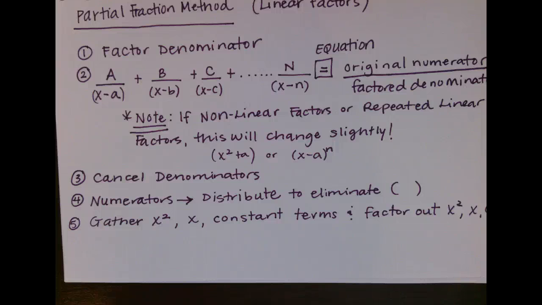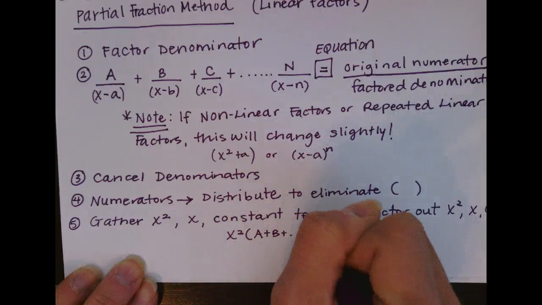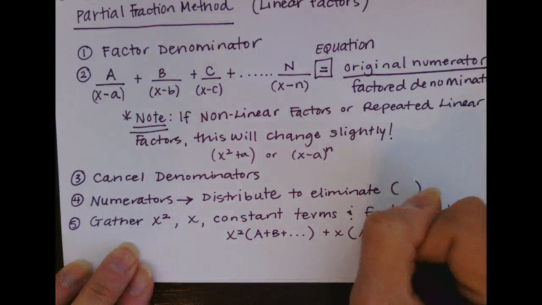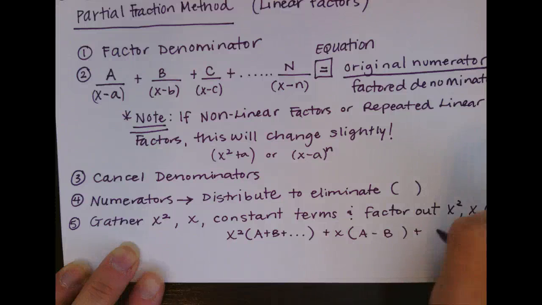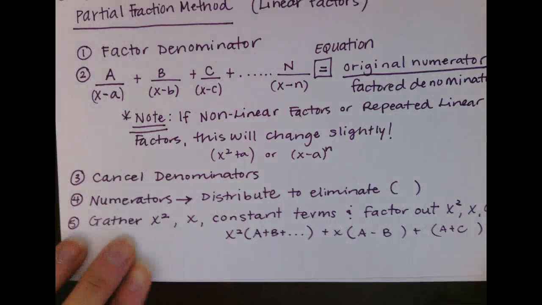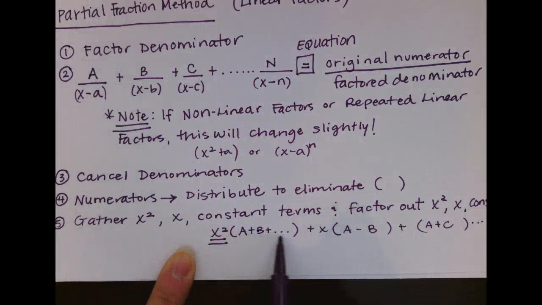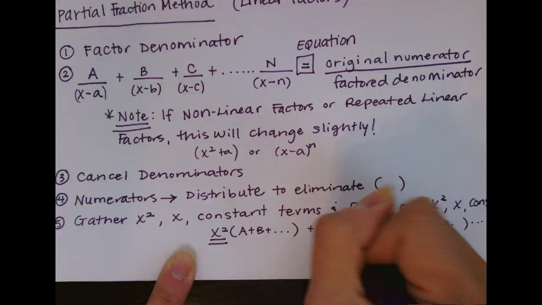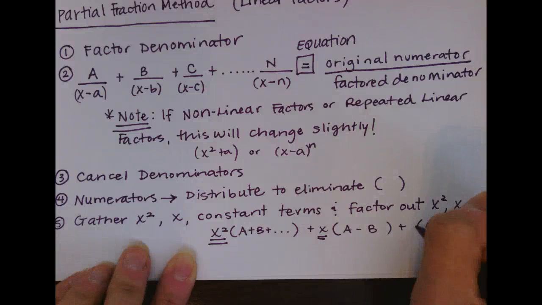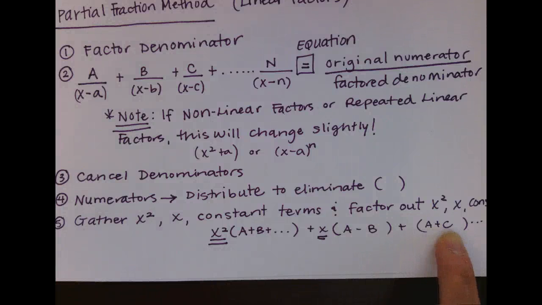So what you're going to have is an x squared times an (a plus b plus c), whatever you have, plus an x times some form of a, b, something, and then some constants, a minus c or plus c or whatever you have. It's going to vary depending on the problem. But you're going to have factored out your x squareds so that on the inside of the parentheses all you have are a's, b's, c's. Factor out your x, again in the parentheses only a's, b's, c's. And then there isn't really a constant to factor out, but you're going to have another term that represents constants.